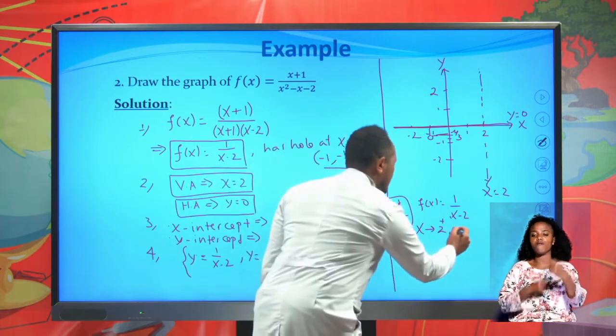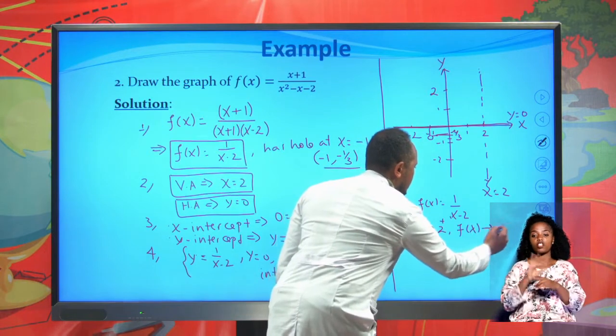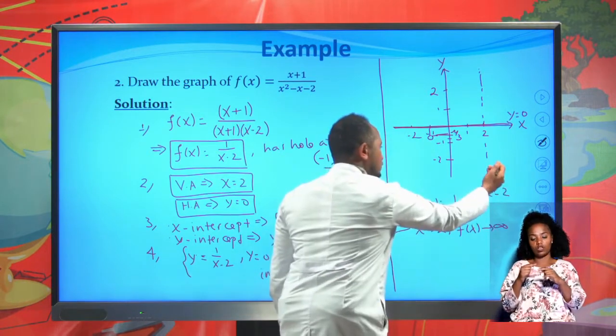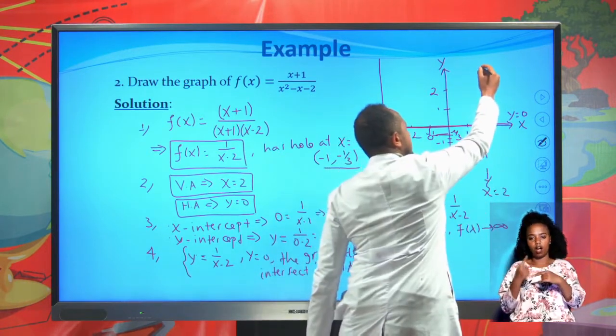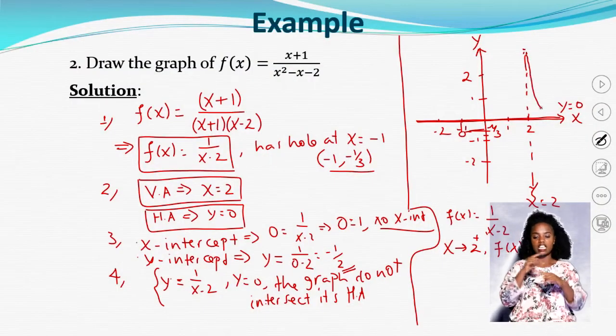Therefore, our function f of x goes to infinity. So from the right of 2, our graph is at infinity. The curve for this part will be this one. It approaches the horizontal asymptote since it doesn't cross. We have checked here that it doesn't cross; it simply approaches.